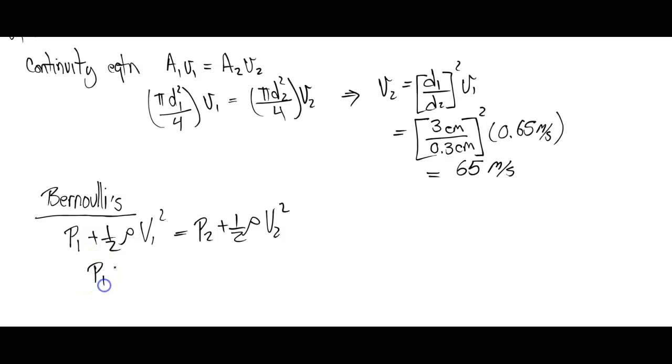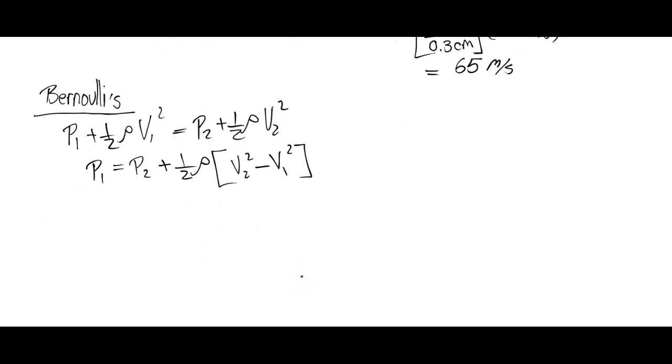And solving for P1, we would get P2 plus 1/2 rho, and if we take the 1/2 rho as a common factor, we get that P1 equals P2 plus 1/2 rho (V2 squared minus V1 squared).